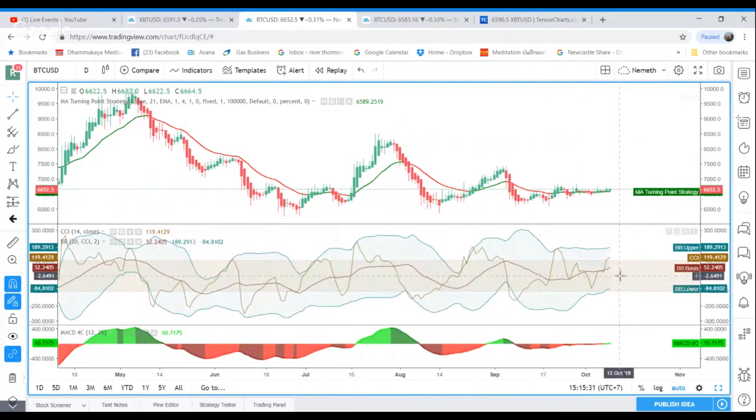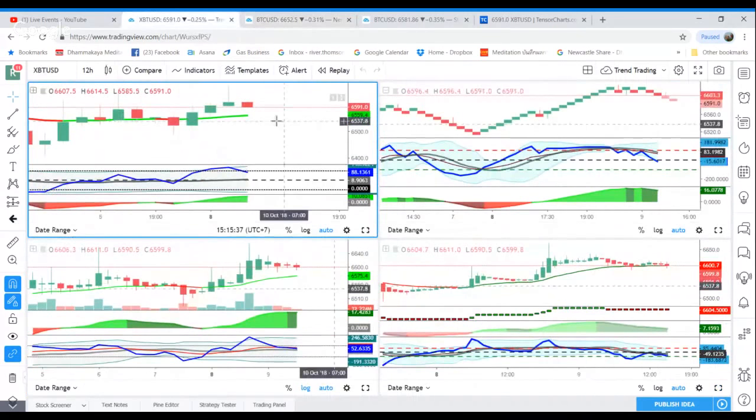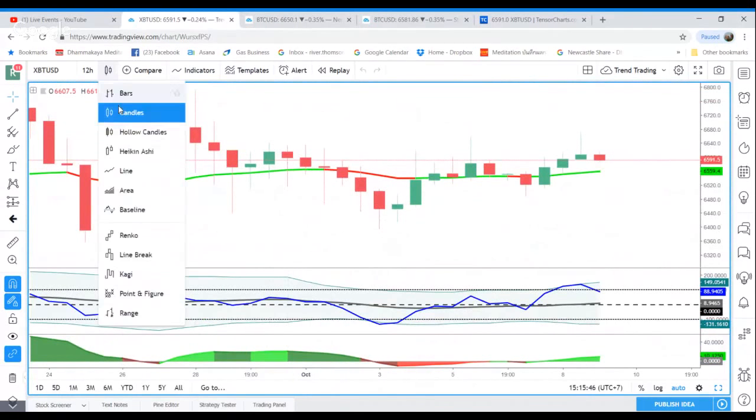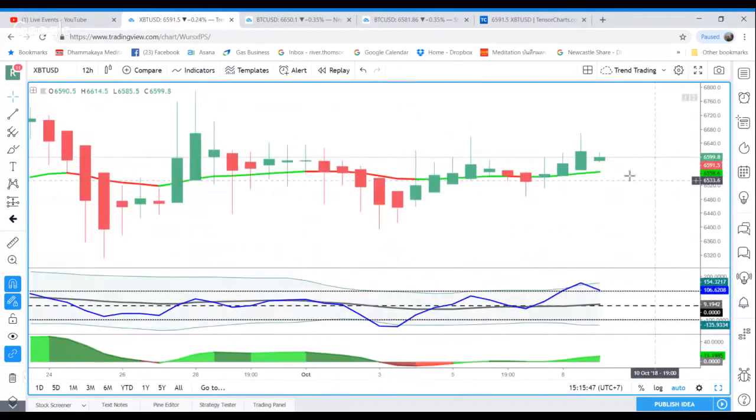Okay, so now let's give you an idea. Let's have a look at my normal chart, which is more of a short time frame version. I use the 12-hour here, which is saying it's green, it's above the EMA21.